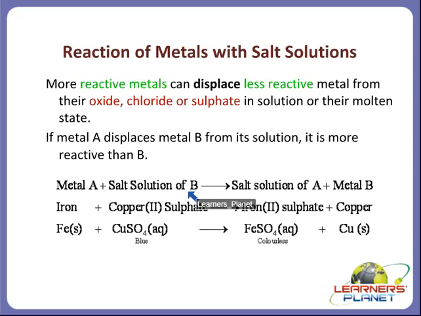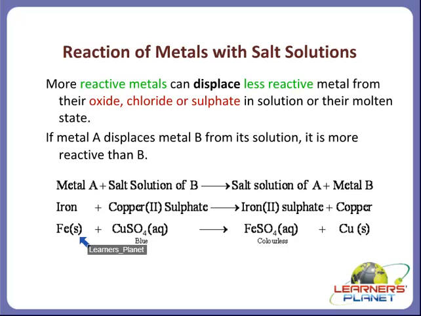So what is A doing? It is removing B from its salt solution and taking its place, that is salt solution of A and metal B. For example, iron reacts with copper sulfate, giving you what? What is iron doing, children? It is displacing this copper and is forming iron 2 sulfate and copper.